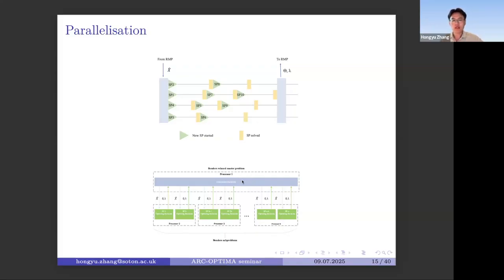Once you solve the reduced master problem and propose an investment decision, you pass X down to different processors for different subproblems, and then you do this parallelization, and once everything is finished, you pass back the theta and lambda. This is the parallelization scheme we use in this study.